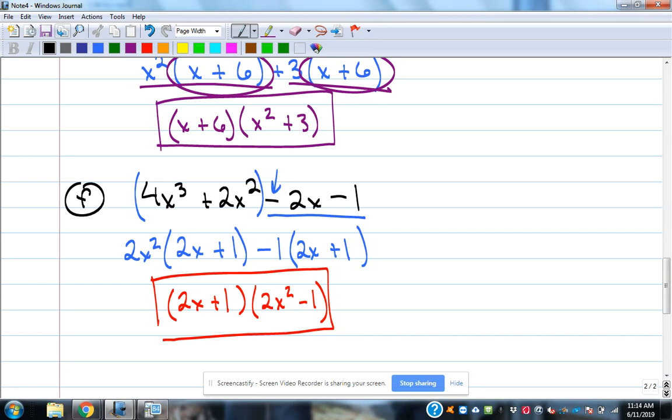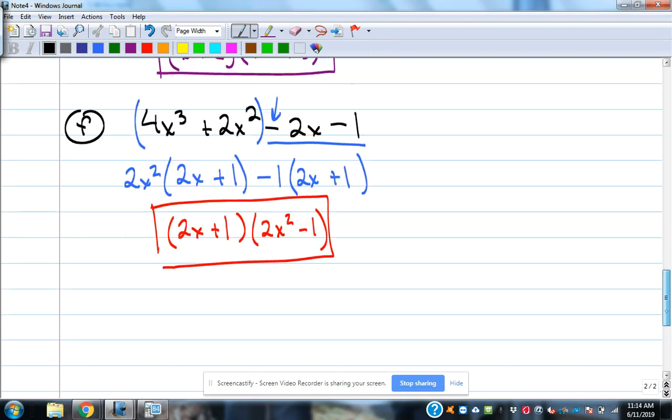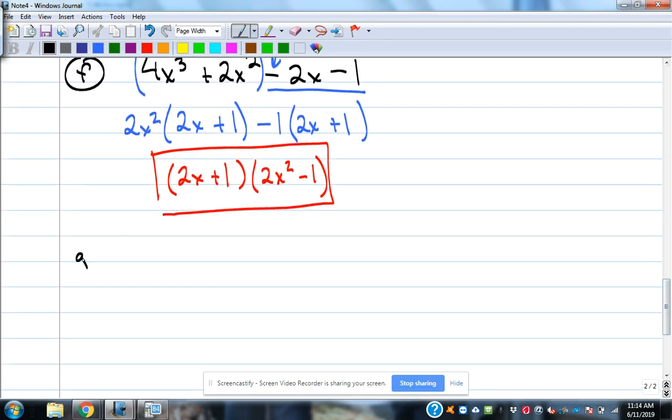So it all interrelates. Everything builds on the next thing. Let's do another grouping problem before we move on to the X method thing. So let's say we had something like this: negative 6x squared plus 25x plus 10x cubed minus 15.